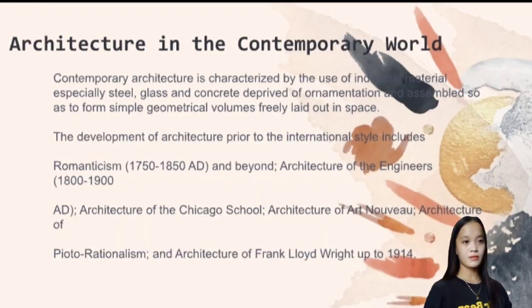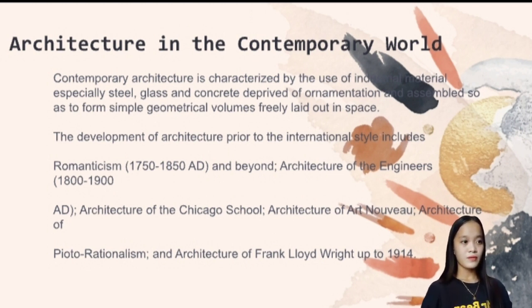So the next one is architecture in the contemporary world. Contemporary architecture is characterized by the use of industrial material, especially steel, glass, and concrete, deprived of ornamentation, and assembled so as to form simple geometrical volumes freely laid out in space.